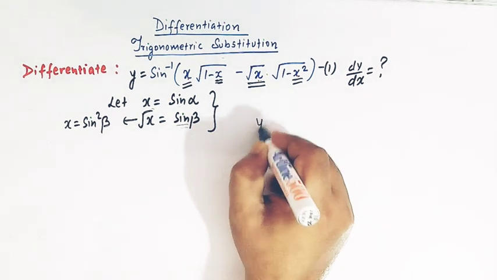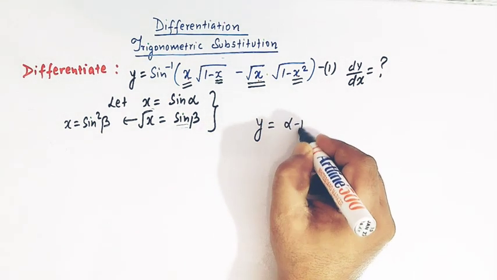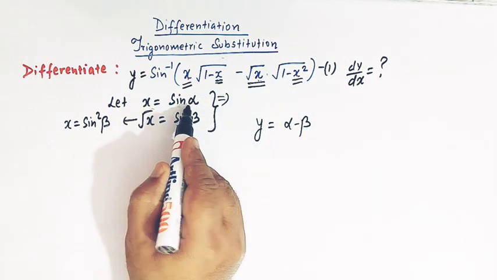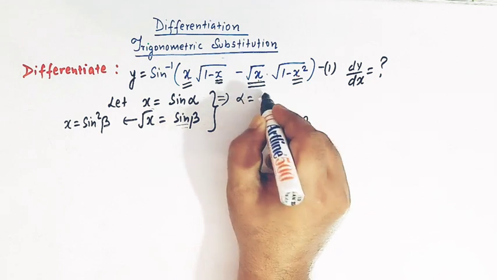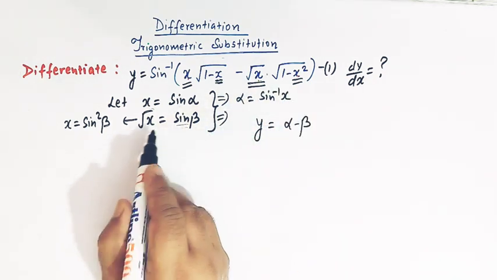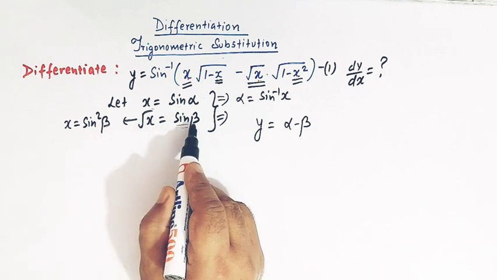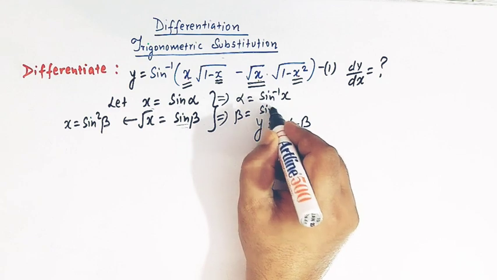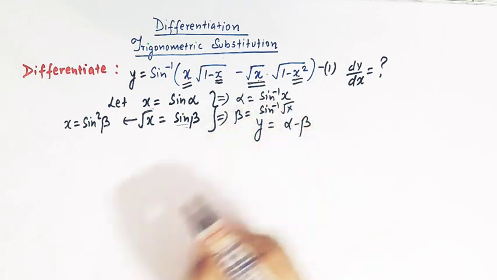So now we have y is equal to alpha minus beta, and from this expression x is equal to sine alpha, alpha is sine inverse of x, right? And from this expression we have beta is equal to sine inverse of root x, right?